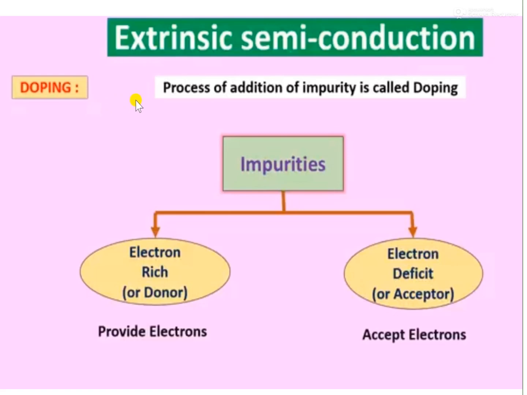The process for addition of impurities is called doping, and these impurities may be electron rich or electron donor species, which can provide electrons, and these impurities can also be electron deficient, which have electron deficiency and can accept electrons. So these two types of impurities could be added into semiconductors to make them extrinsic conductors.